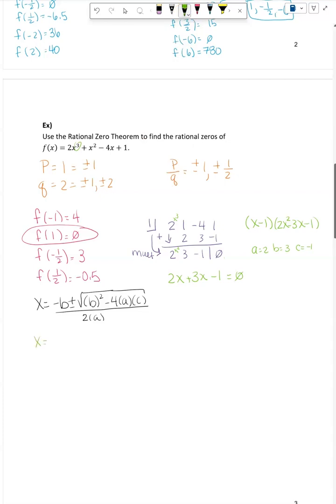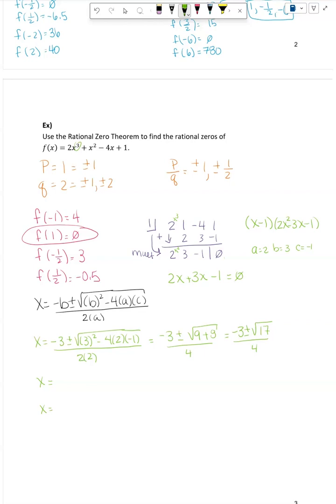So we're going to have x equals negative, and our b is 3, plus or minus the square root of 3 squared minus 4 times a, which is 2, times c, which is -1, all over 2 times a, which is 2. So this is going to give us -3 plus or minus the square root of 9. -4 times 2 is -8, that would be plus 8, all over 4, which is going to be -3 plus or minus the square root of 17 over 4.